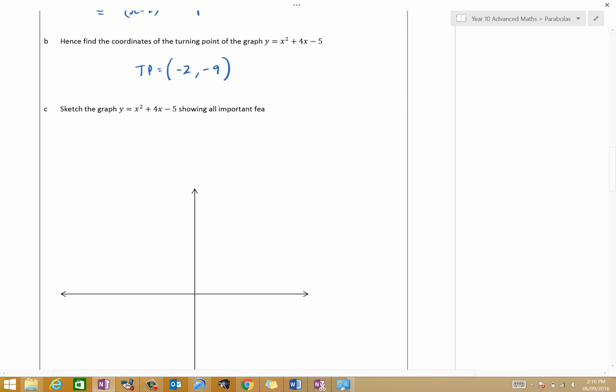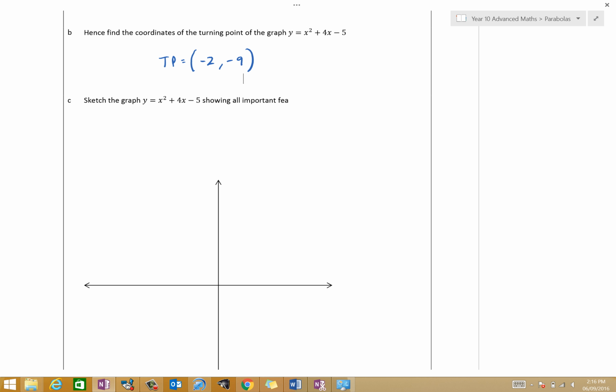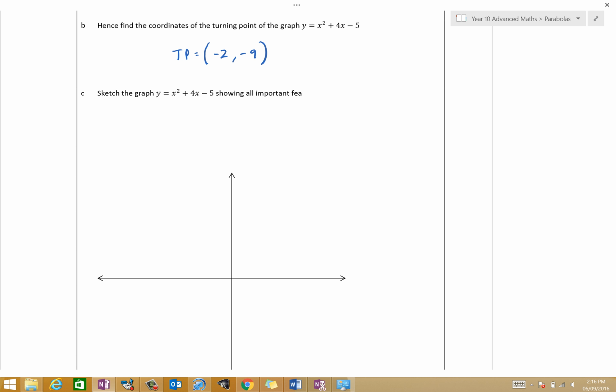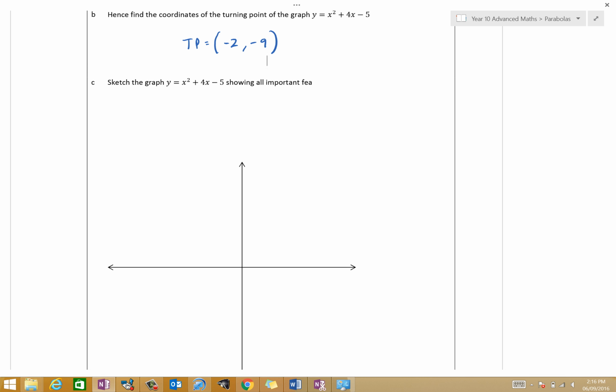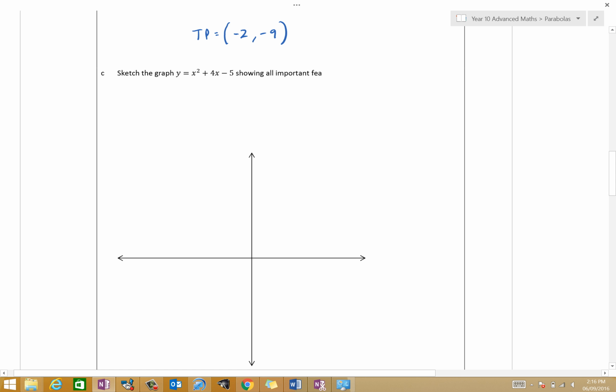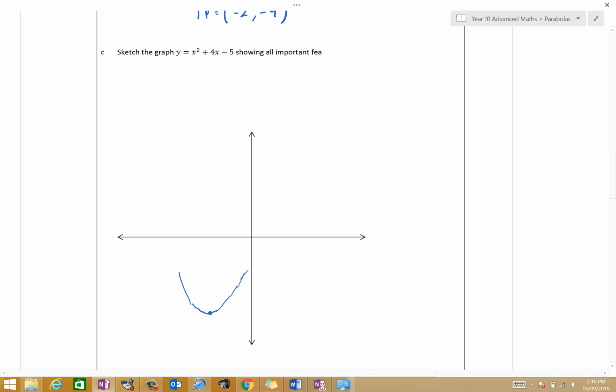Now it says here, showing all important features. Now the first thing is we've got a happy quadratic, and that happy quadratic has a turning point at minus 2, minus 9, which I'm just going to say is down here somewhere. Now if we've got a happy quadratic which has a turning point there, then we know that there's going to be a y-intercept at minus 5.